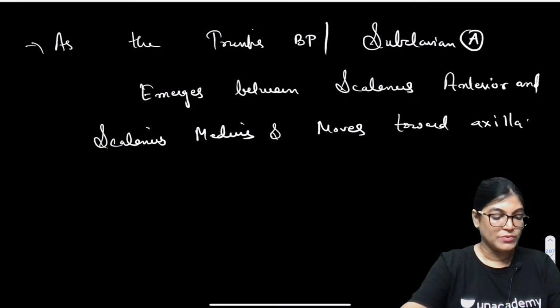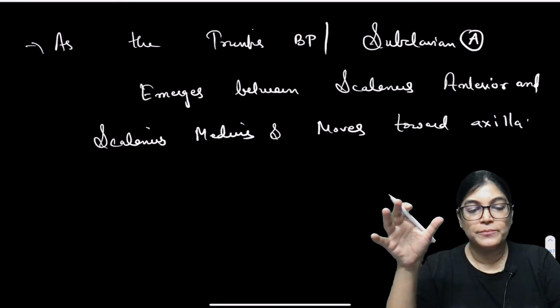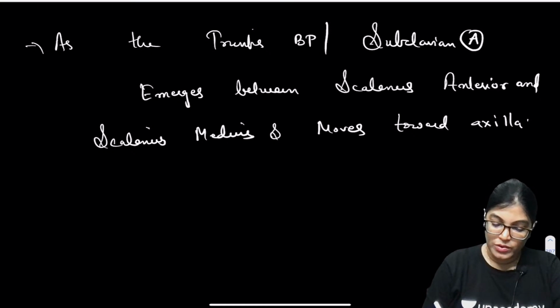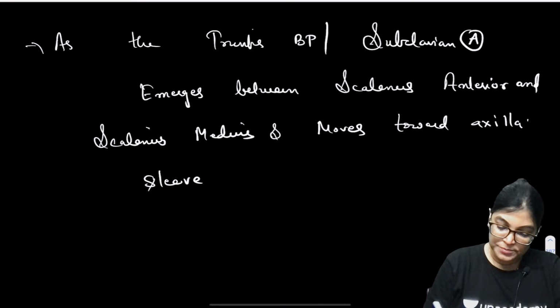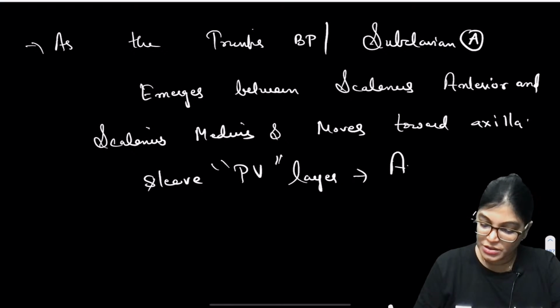So what will it form? It will form axillary sheath. The sleeve of prevertebral layer, when it reaches the axilla, will form axillary sheath.